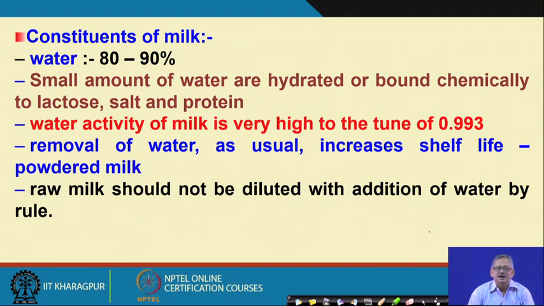Generally, the water activity, another term which maybe we have said, but if not, let me also tell here, water activity. This is a parameter by which we tell how much water is available for the organisms to grow.